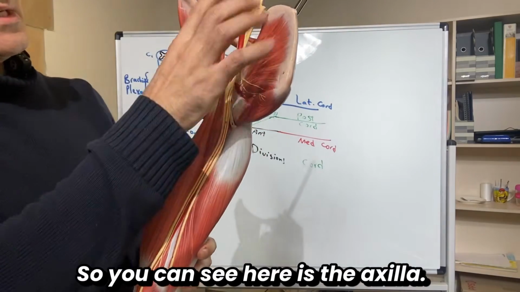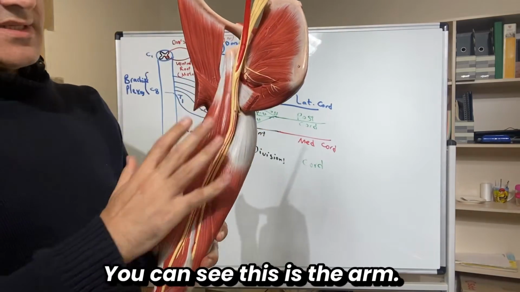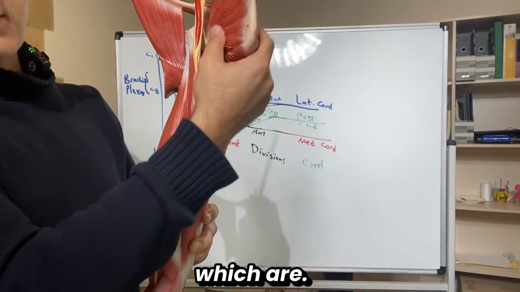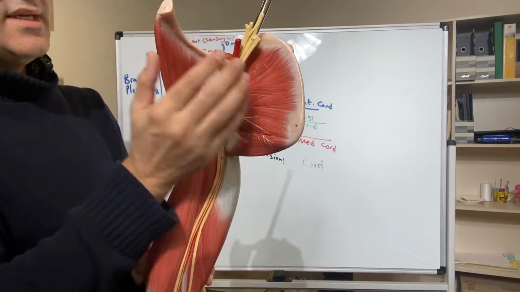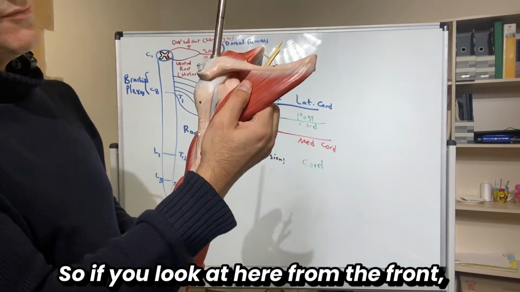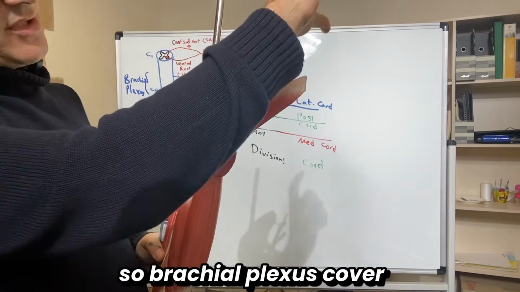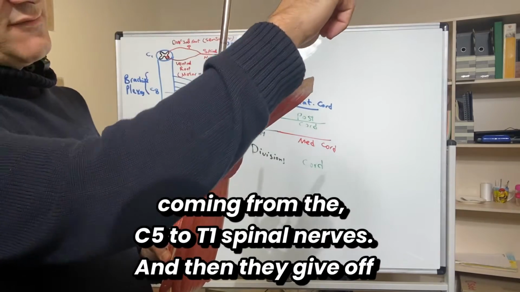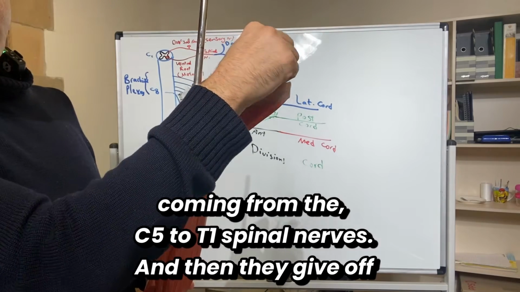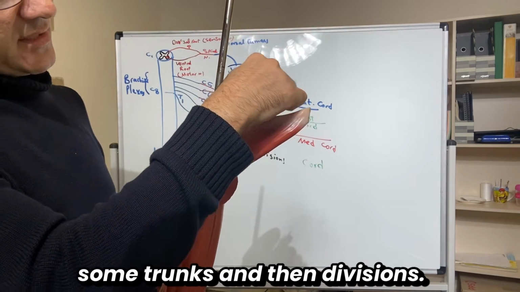You can see here is the axilla. You can see this is the arm. At the top we have the scapula, which is covered by the muscles, and this is the clavicle. If you look here from the front, the brachial plexus comes from the C5 to T1 spinal nerves, and then they give off some trunks and then divisions.